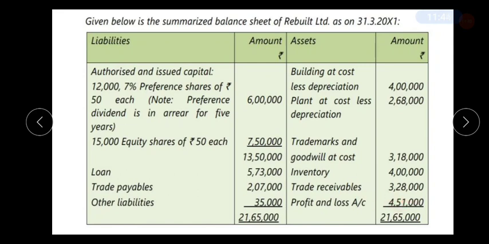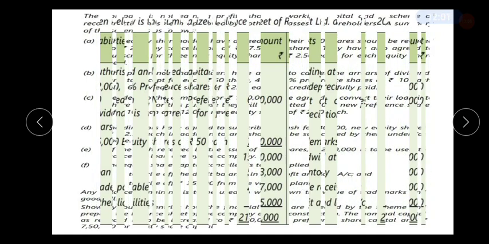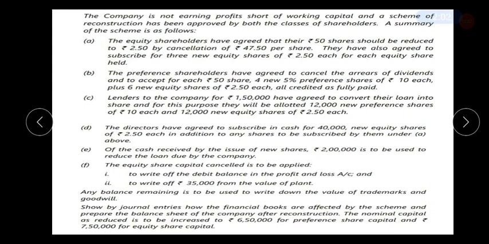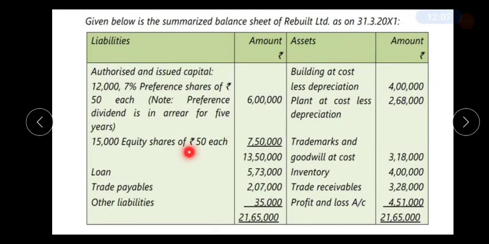Then you are using the surplus or capital reduction account credit balance to write off the plant. You are undervaluing this plant by 35,000. So you are going to use that surplus in order to undervalue this asset by 35,000.